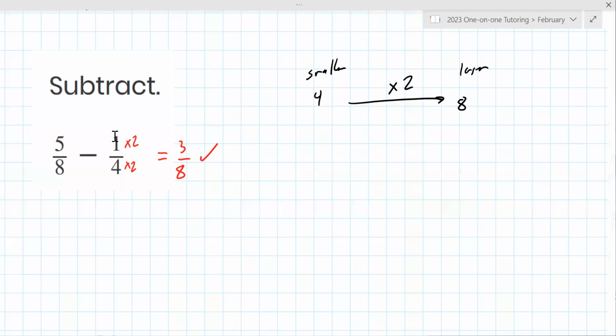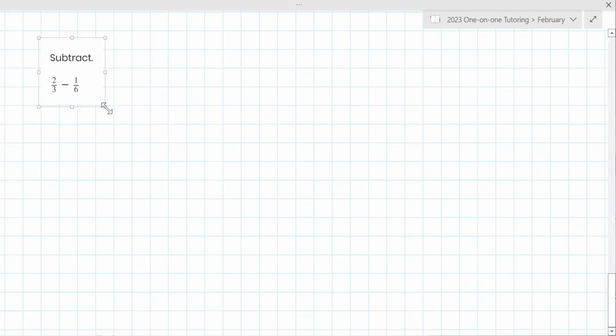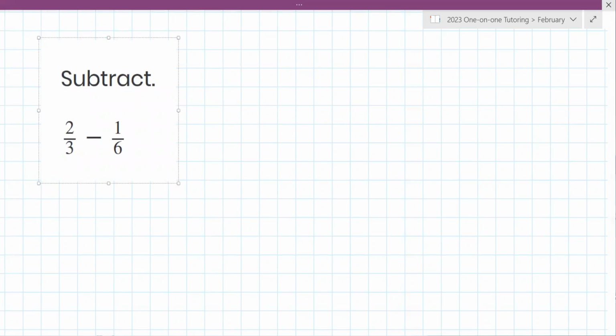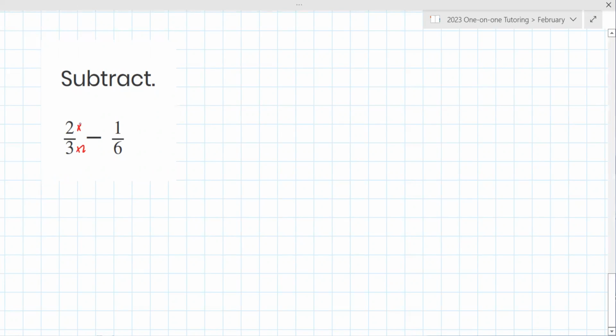All right, so now let's look at another problem here. It's the same thing. You have to decide if you can make the smaller number into the larger number. Yes, you can. What do you multiply the 3 by? 3 times 2, and 2 times 2.